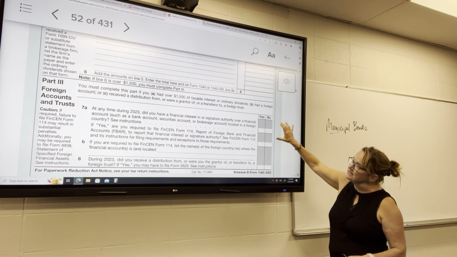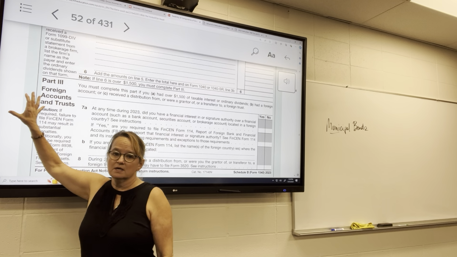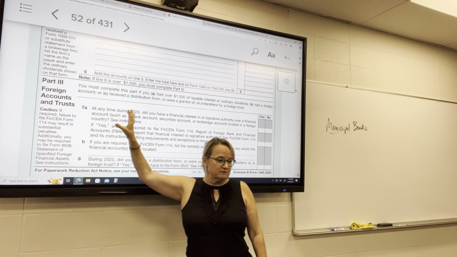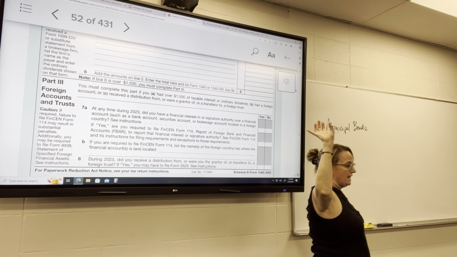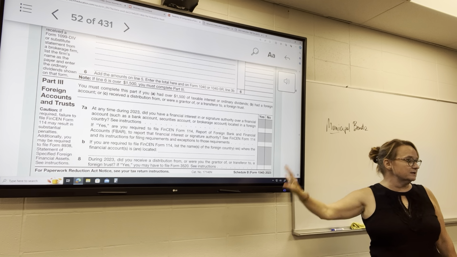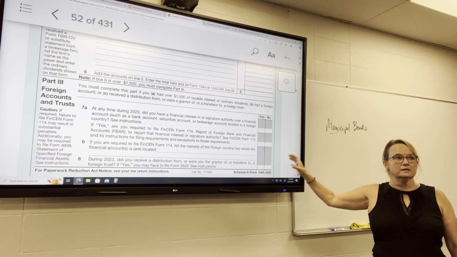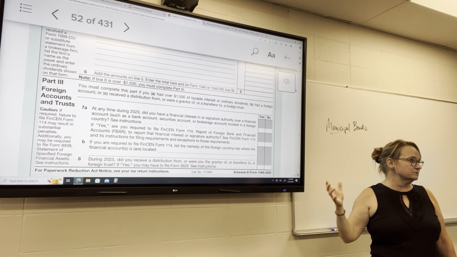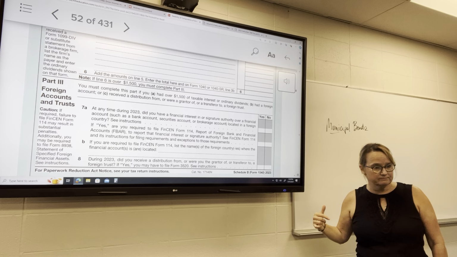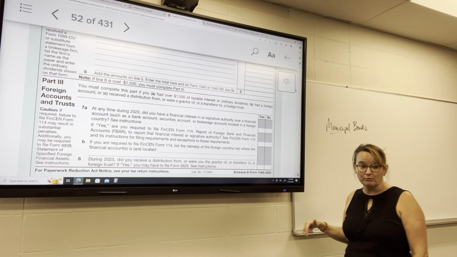And then there's this section of questions regarding foreign accounts and trusts. The IRS wants information on any foreign assets or foreign bank accounts that Americans have, because it's not uncommon for individuals to have accounts overseas but then not report that income. So there are some pretty hefty penalties for not reporting that income.